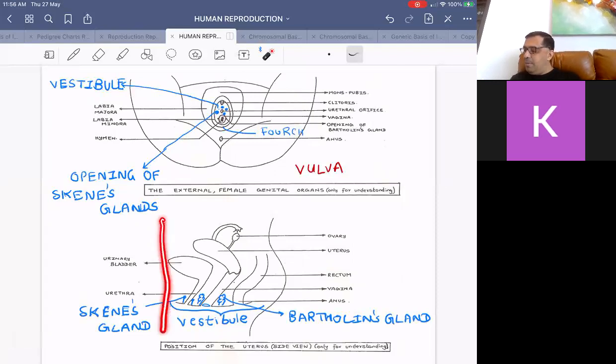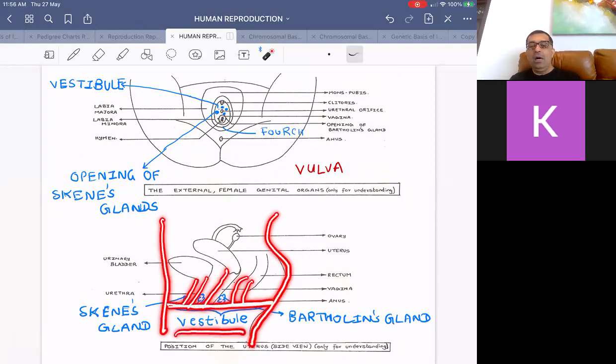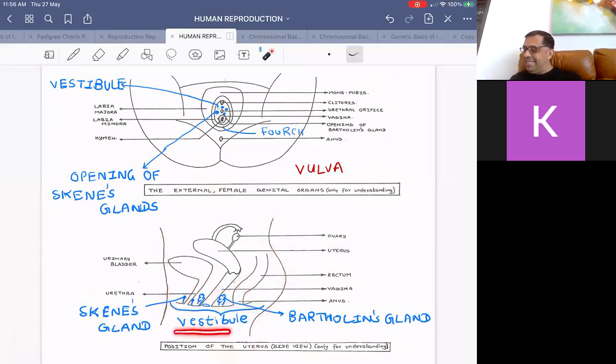These are your front muscles, these are your back muscles, and vagina, urethra, rectum, anus, all open into a muscle, and that muscle is called as the vestibule. So that is called the vestibule.